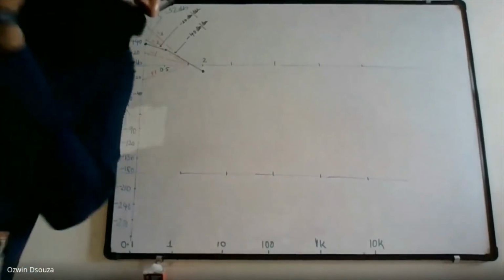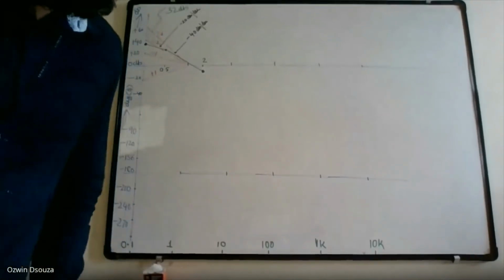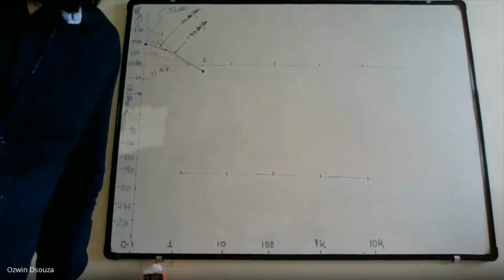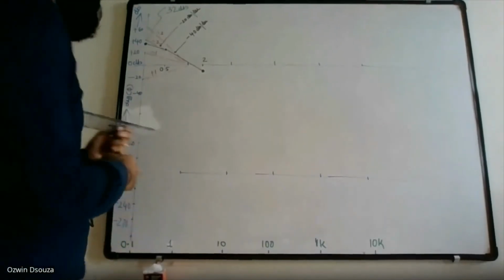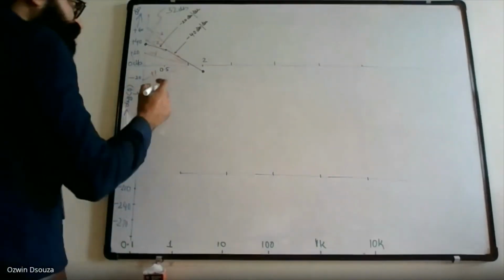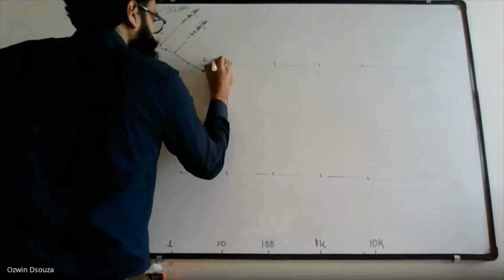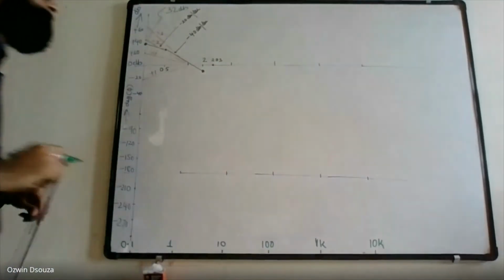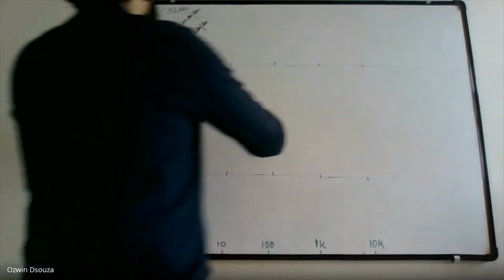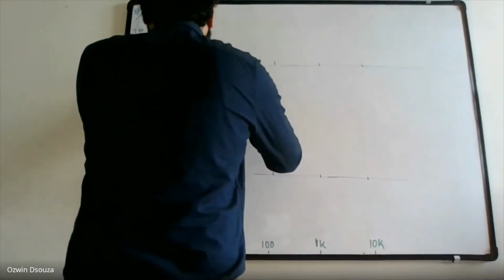Then from 2 to 2.83 radian per second, the net slope becomes minus 20 decibel per decade. So we need to determine 2.83. So 2.83 will be somewhere here. So this is 2.83. So the net slope becomes minus 20 decibel.